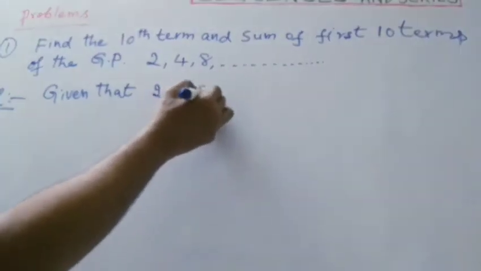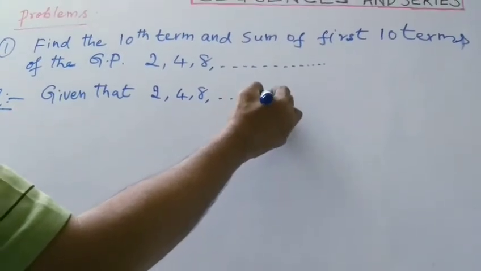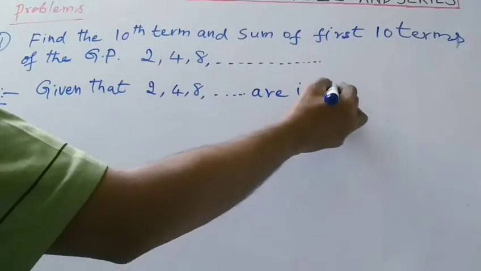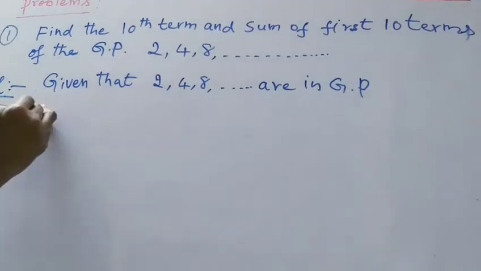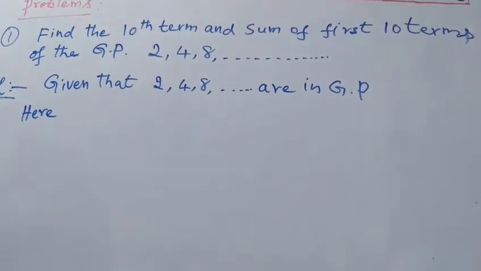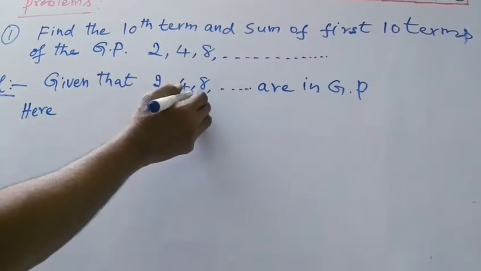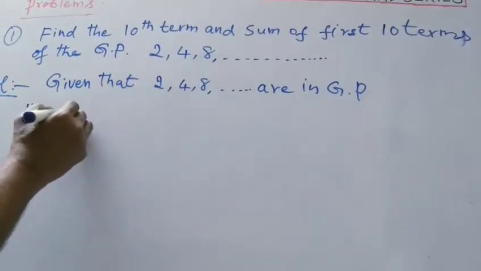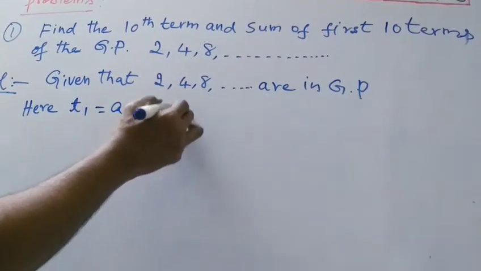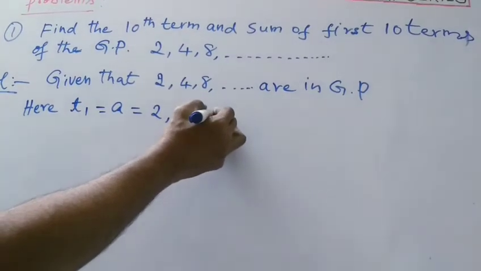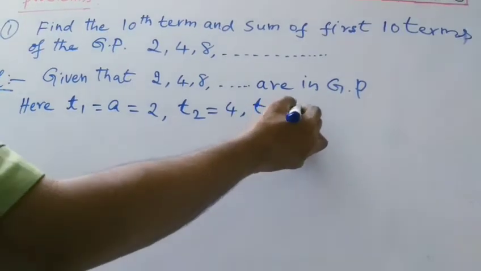Here the first term is 2, second term is 4, third term is 8. So the first term T1 is equal to a is equal to 2, second term T2 is equal to 4, and third term T3 is equal to 8.